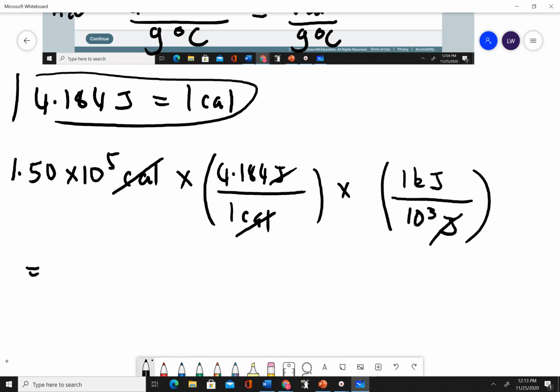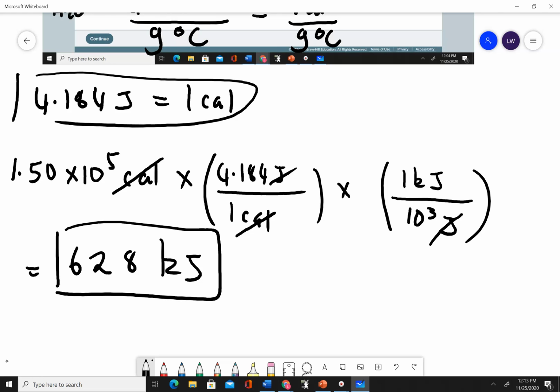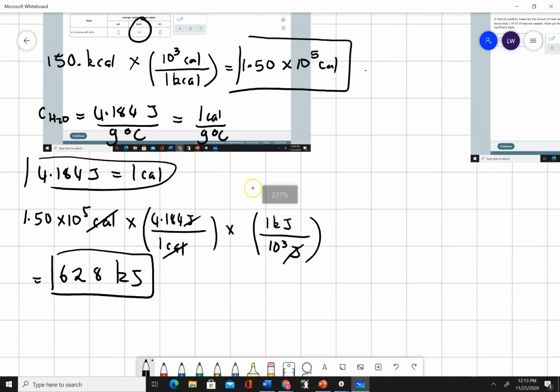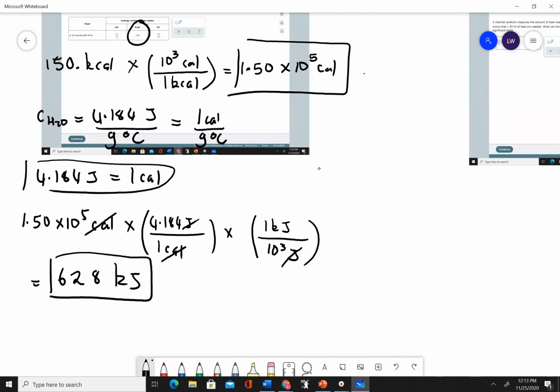So it ends up being, when we do this, 1.5 by 10 to the 5 times 4.184 times 1 on 10 to the 3. So putting all of that together, it ends up being 628 kilojoules that we have. And remember, we wanted to go out to 3 significant figures. So there's our answers: 1.5 by 10 to the 5 calories and 628 kilojoules.